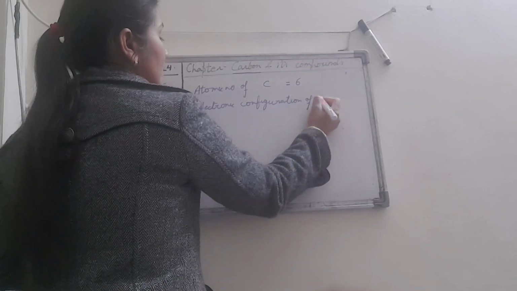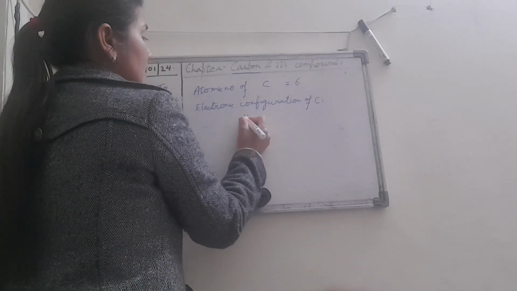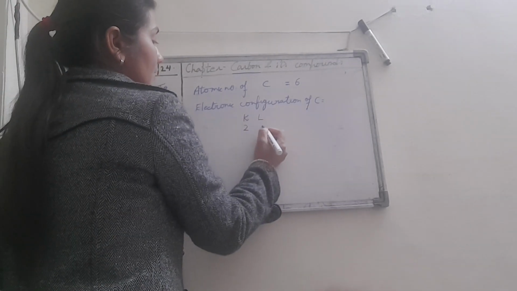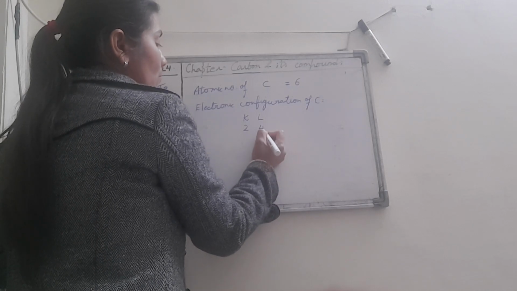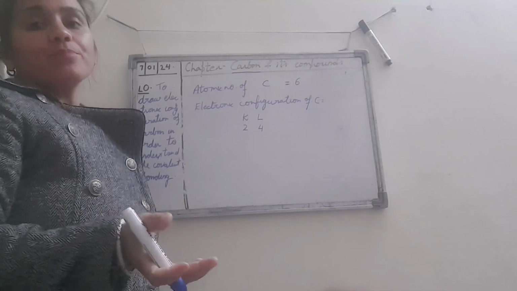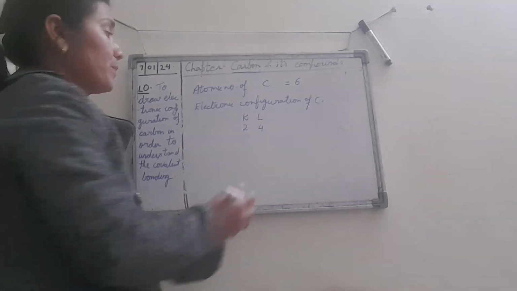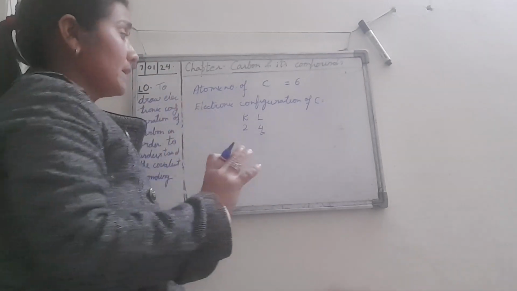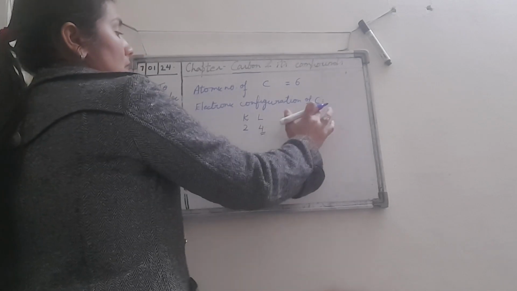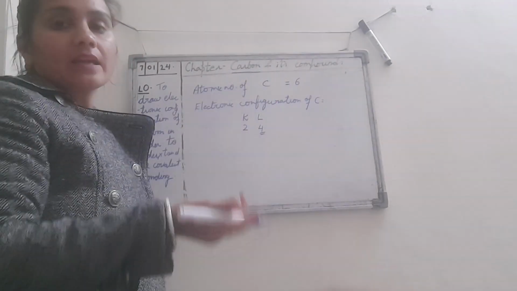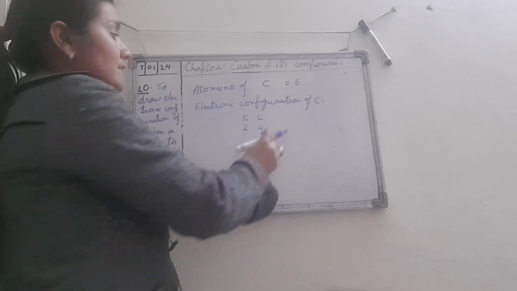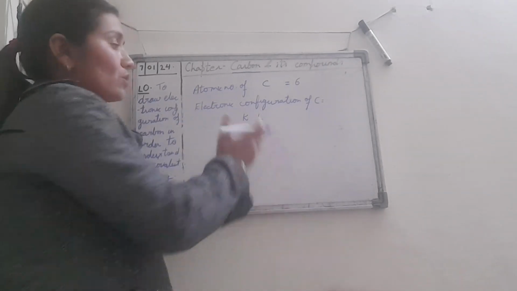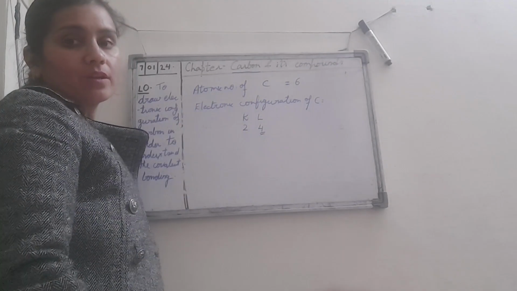You know, in first shell it will have 2 electrons, and in the second shell the carbon will have 4 electrons. As we know, octet rule, in the L shell there should be 8 electrons. It means the carbon either can gain 4 electrons so that its last shell will be completed, or it can lose 4 electrons so the K shell will be completed.